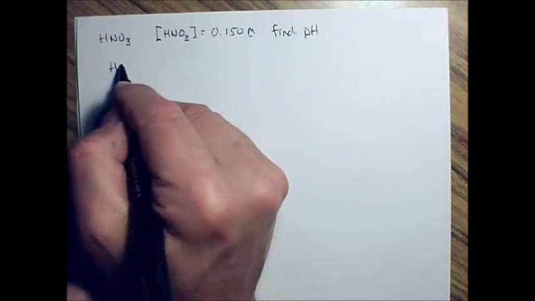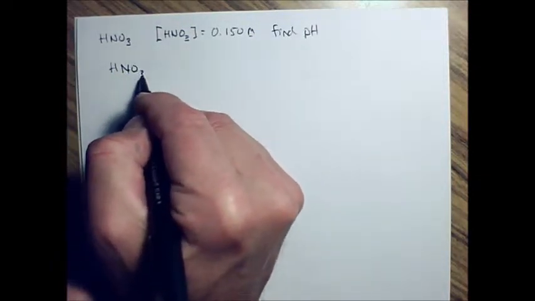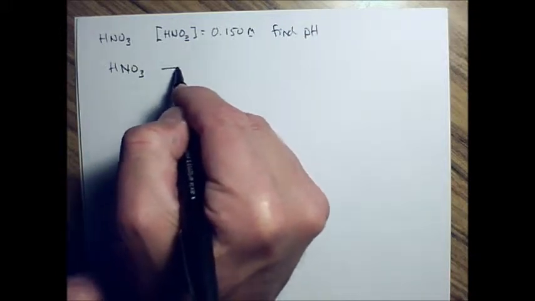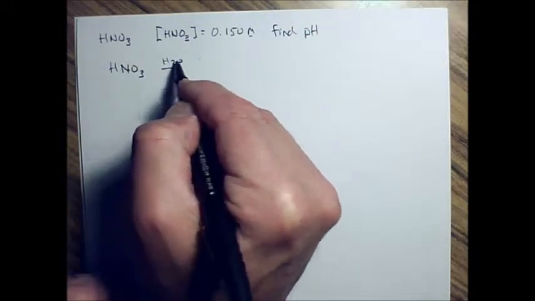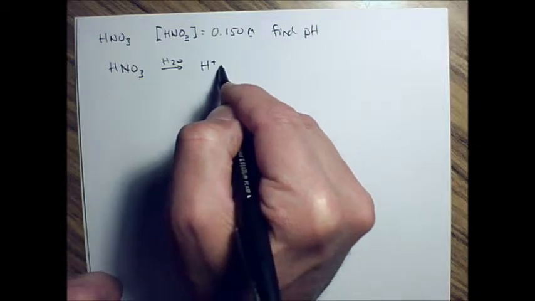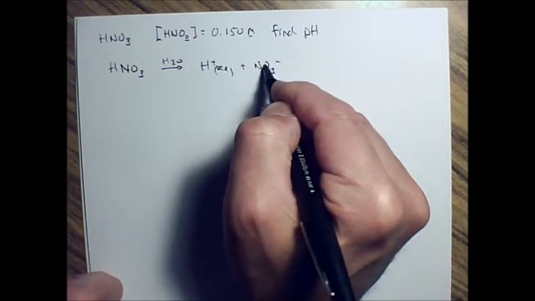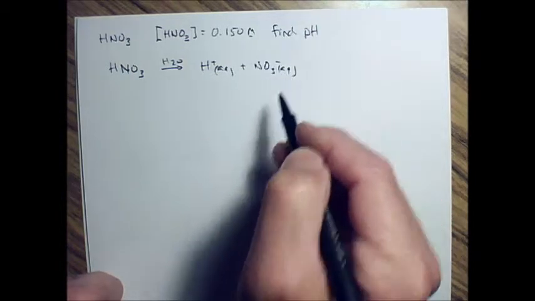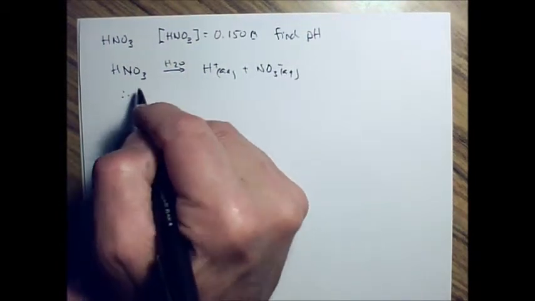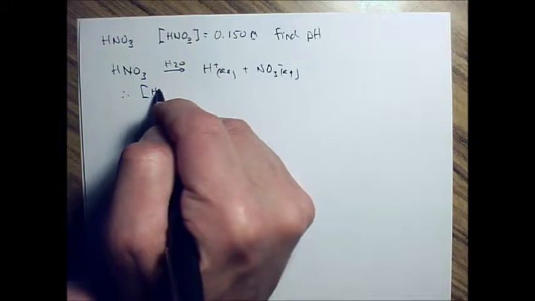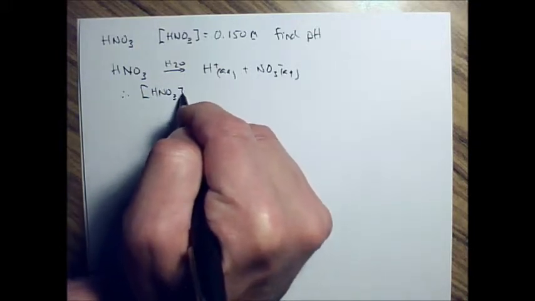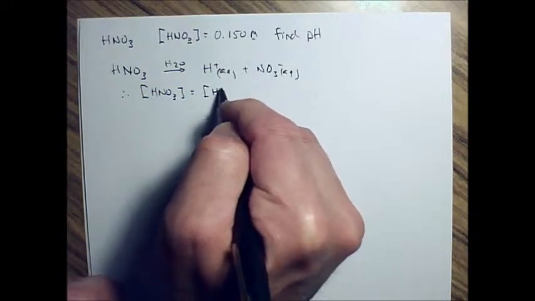All right. Since HNO3 is a strong monoprotic acid, when we put it in water, it breaks up completely. Therefore, HNO3's molar concentration is equal to the hydrogen ion concentration.